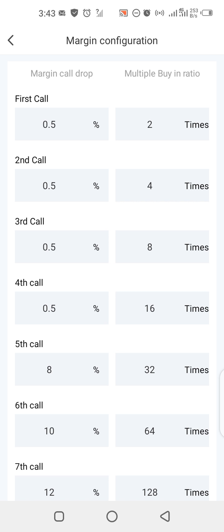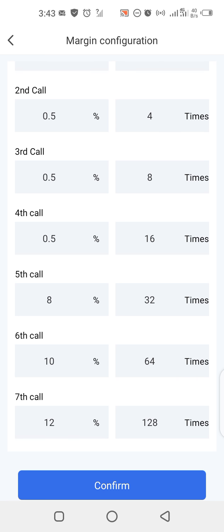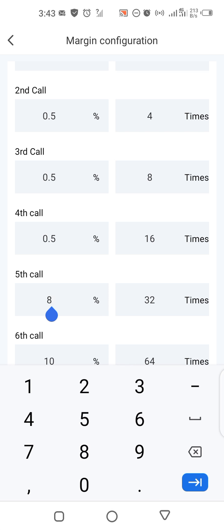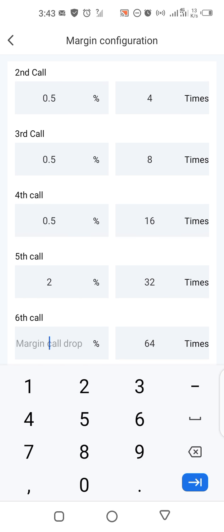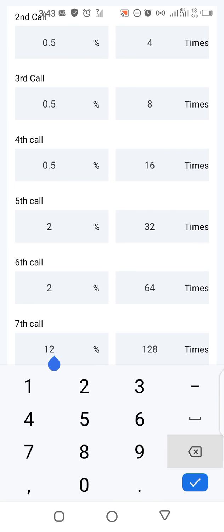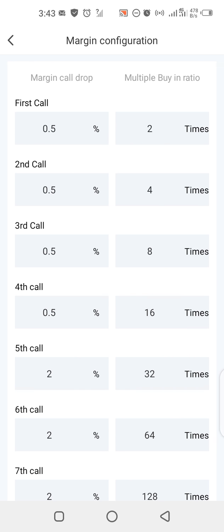So you can configure them depending on how you want. I will put 0.5, 0.5, 0.5, 0.5, and I can come here and say this will be 2%, or 1%, 2%. I do this 2%, 2%. Now we have the multiples of buy.